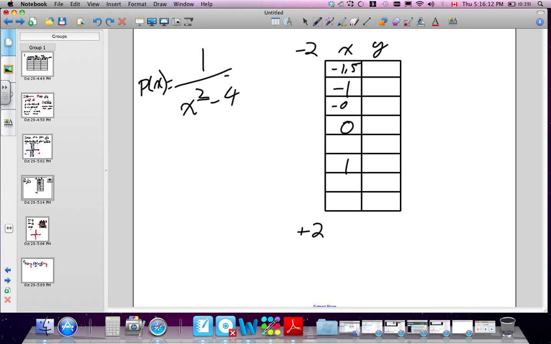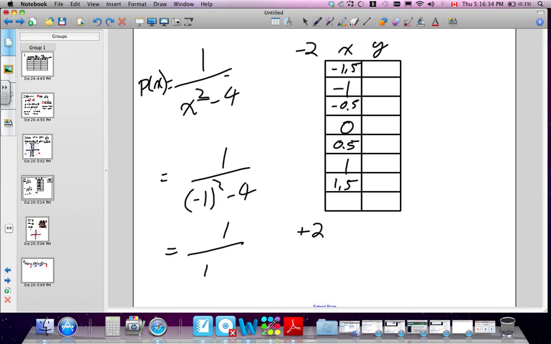We might want to test something like -1.5, -0.5, 0.5, +1.5 as our values of x. So let's go and figure out what exactly is going to happen in here. When we go to plug in, let's start with our whole numbers because they'll probably give us a decent idea.